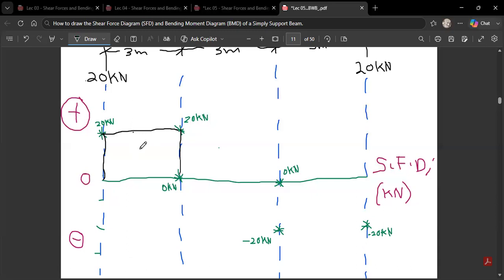Since this is in the positive zone, I can write positive over here and I shade inside, like that. Then this one too, it follows the number line like that. Then you come over here. This is what?